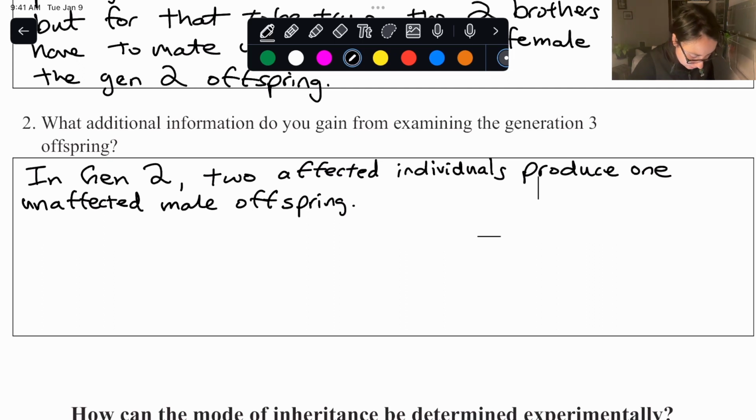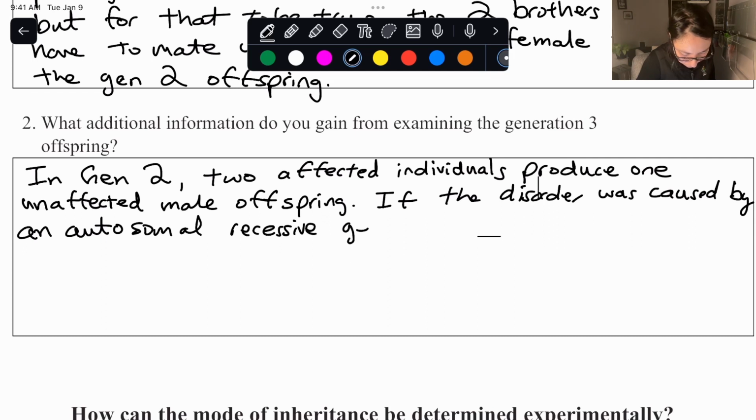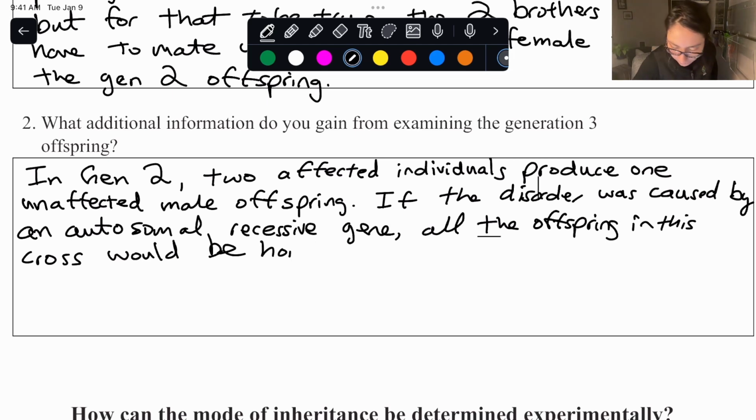And just a little bit of information. If the disorder was caused by an autosomal recessive gene, all the offspring in this cross would be homozygous recessive and have the disorder.